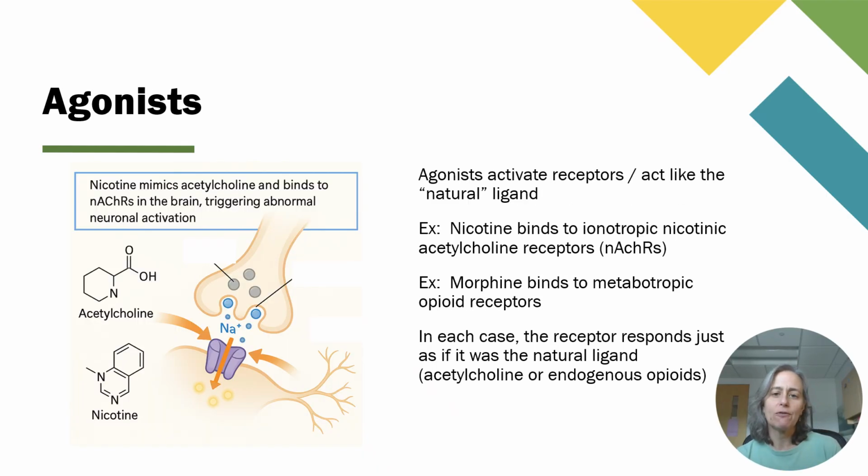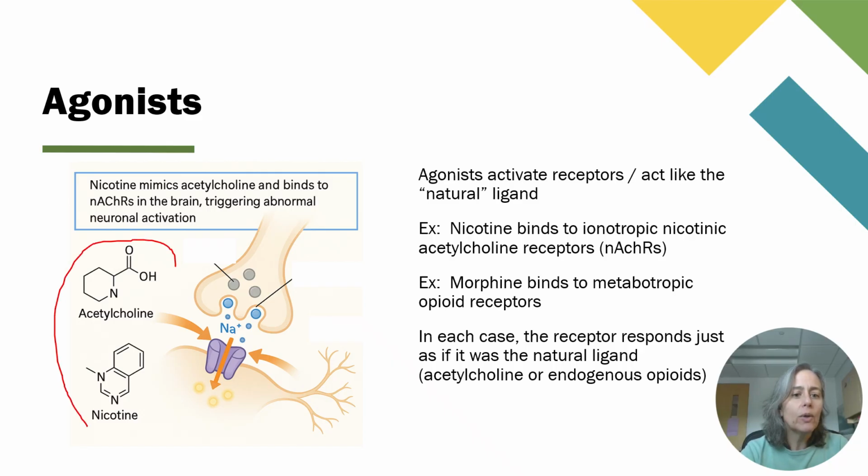Let's talk about agonists first. Agonists almost mimic the natural ligand. For example, I was talking about acetylcholine. Well, it just so happens that some of the acetylcholine receptors, which are called the nicotinic acetylcholine receptors, we learned about those before, nicotine can also bind to them. So this diagram had so many errors in it, but I still liked it, and I just blocked out a lot of the errors.